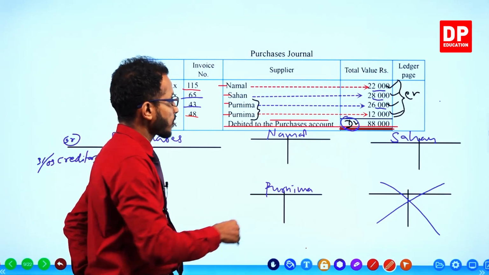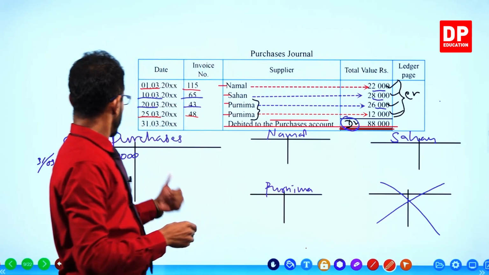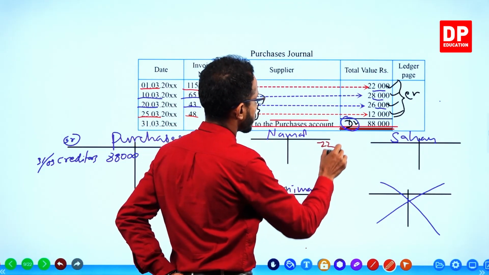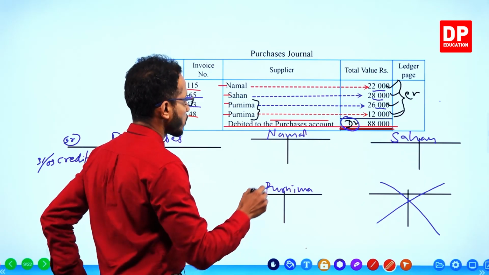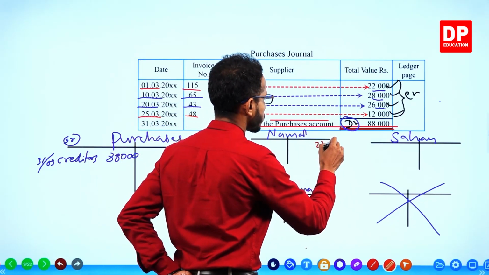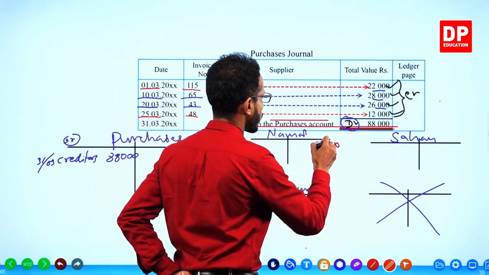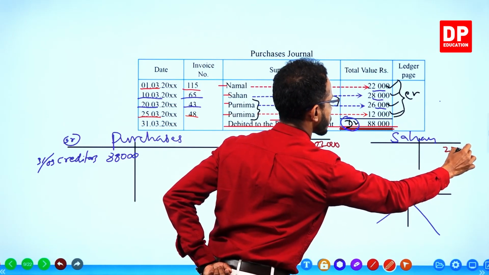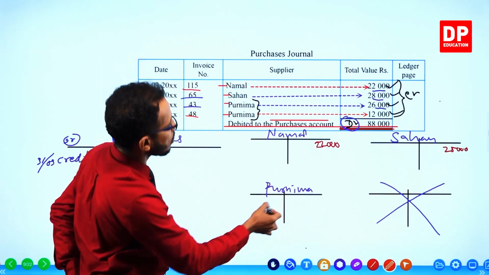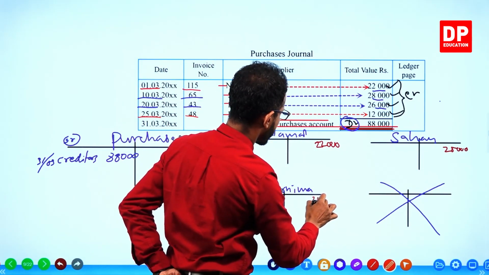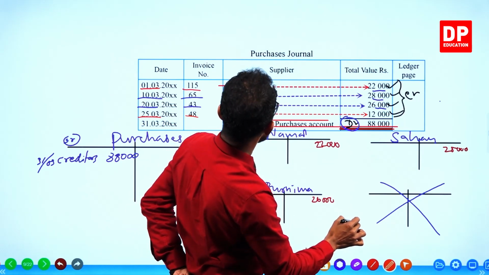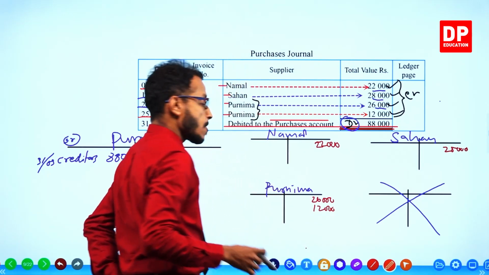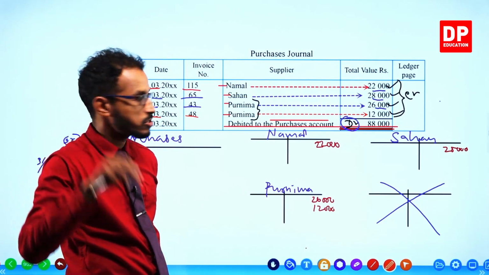Don't do that mistake. Namal's account should be credited with 22,000. Sahan's account should be credited with 28,000. Purnima's account should be credited with 26 and 12,000 on those two dates.